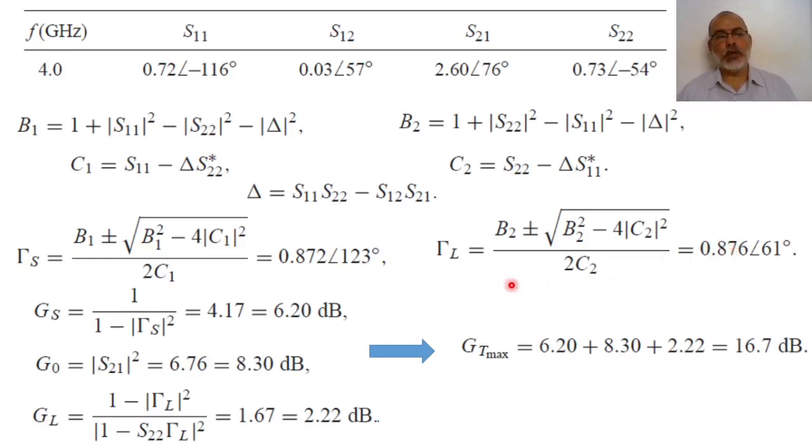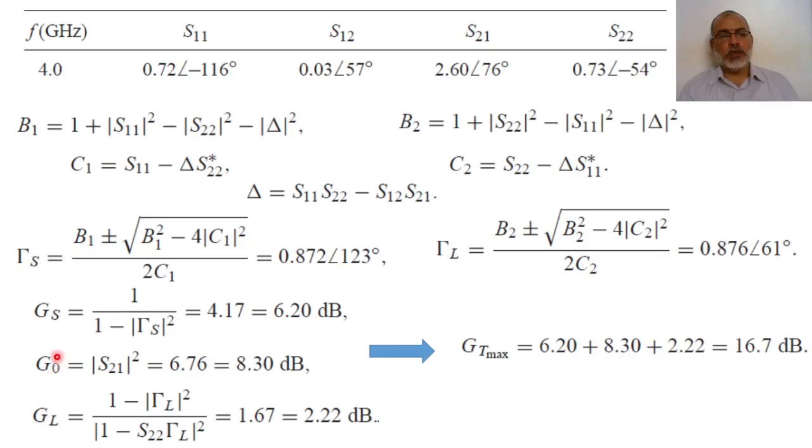From this, the transducer gain for the input matching network is 1 over 1 minus |gamma source| squared. We already have the magnitude of gamma source squared, so this would be 4.17. Taking 10 multiplied by the logarithm of this value, we find that GS in dB equals 6.2 dB.